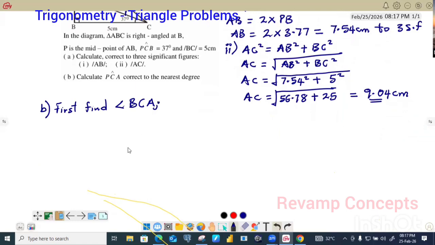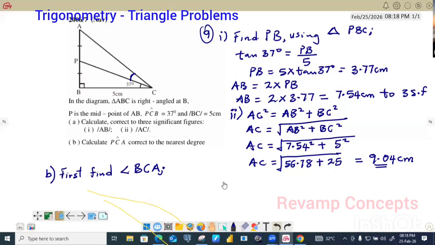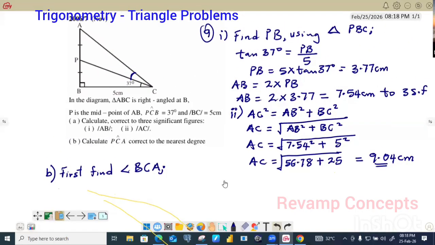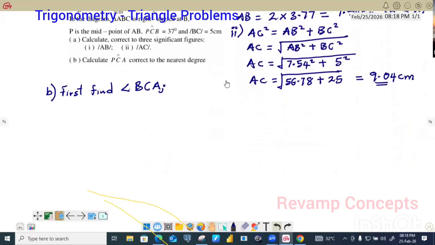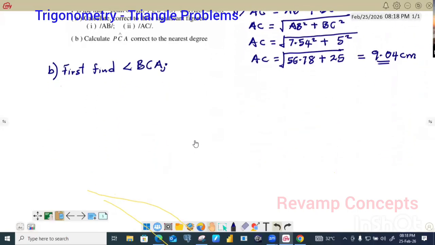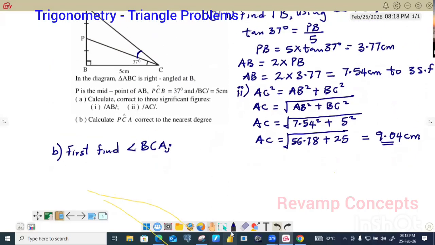And to do that, we can say from this triangle, AB is opposite to angle BCA, and BC is adjacent. So we can use tan of the whole of the angle. Okay, let's just label that angle to make our work easier for us. Let's just call that angle theta.